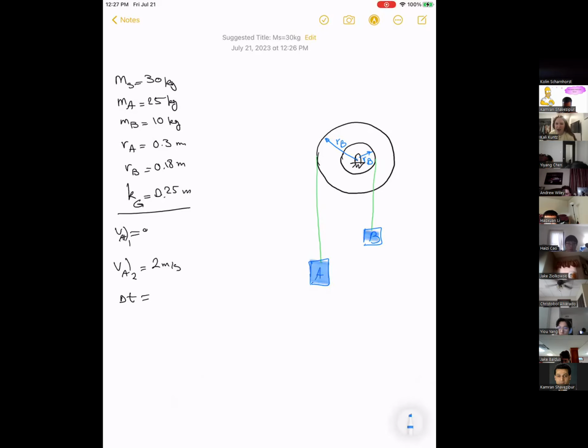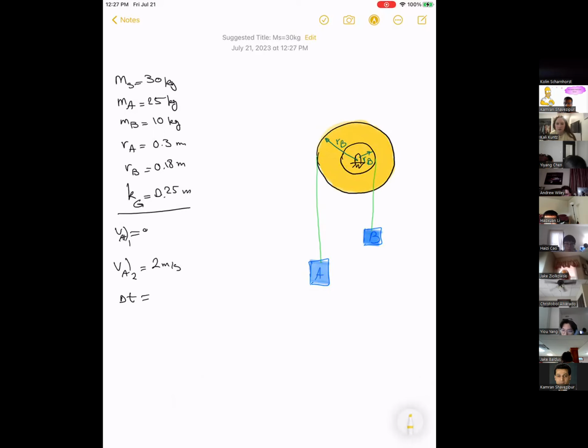This is block B, right? And let's go for the spool like that. Okay.